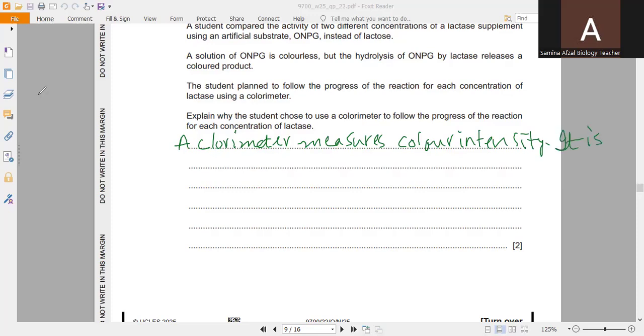It is an instrument that measures how much light a colored solution absorbs.